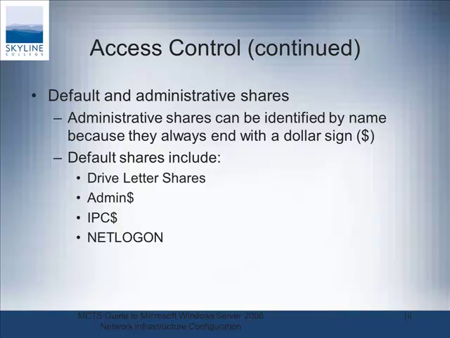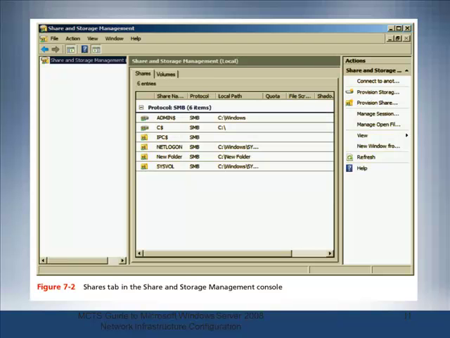The default administrative shares, we talked about those, admin$, IPC$, allows the machines to talk to each other, allows remote execution sort of things. And the netlogon allows the logons, allows things to run there.